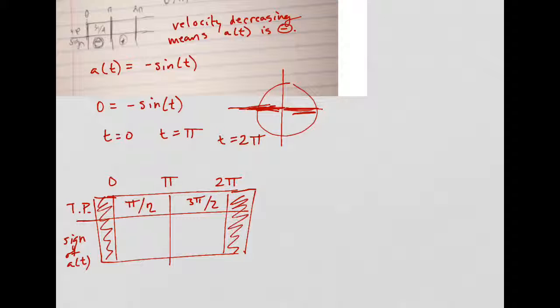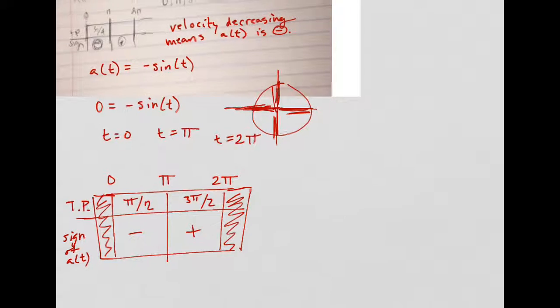Okay, pi over 2. If we plug in pi over 2, we get a positive 1 out of sine. Times it by negative, that's a negative. If we plug in 3 pi over 2, that gives us negative 1 from sine. Times it by a negative, and that's a positive.